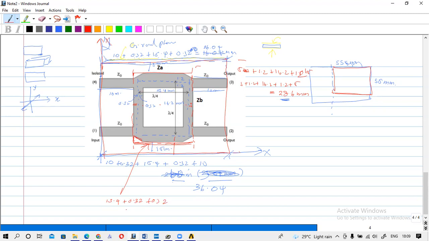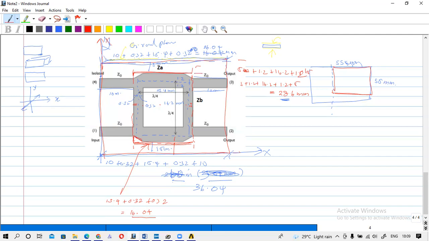So if I add this together, I will have 16.04. So I will have 16.04 from here to here.